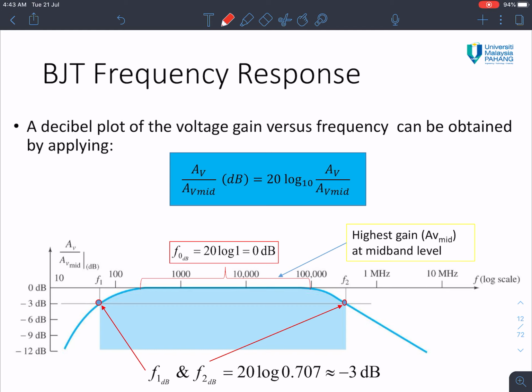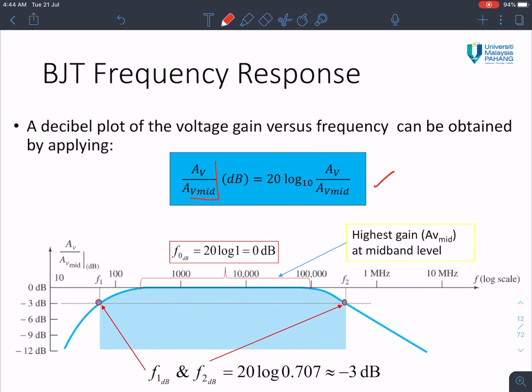A decibel plot of the voltage gain versus frequency can be obtained by applying this formula. For the decibel plot, the previous graph is the normalized versus frequency plot. The next one is the decibel plot.